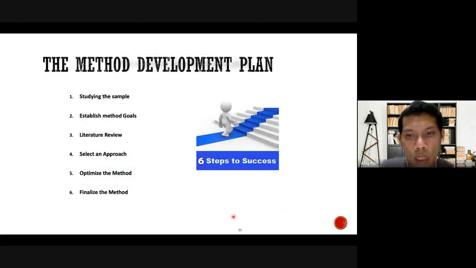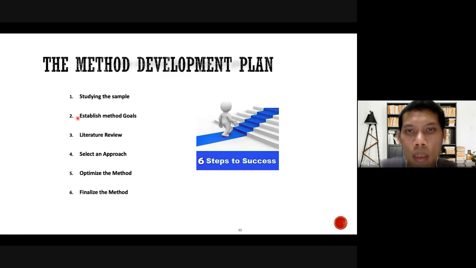Now the method development plan itself involves 6 steps. The first is studying the sample.